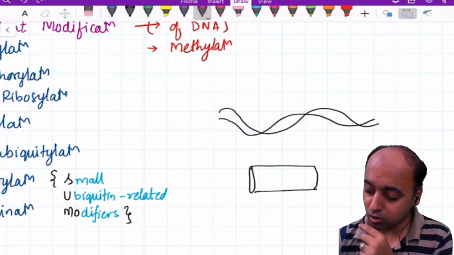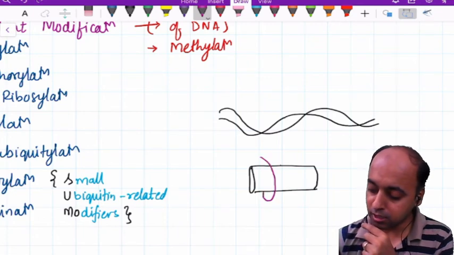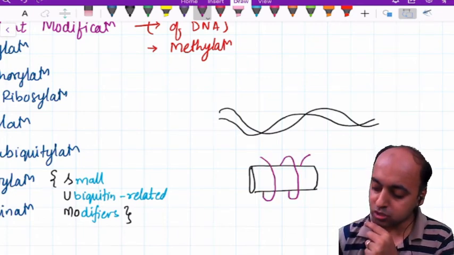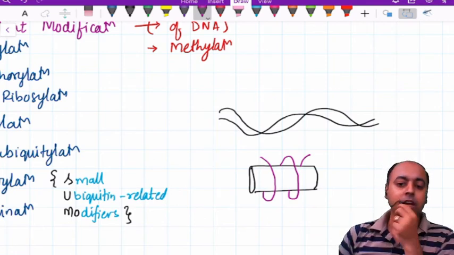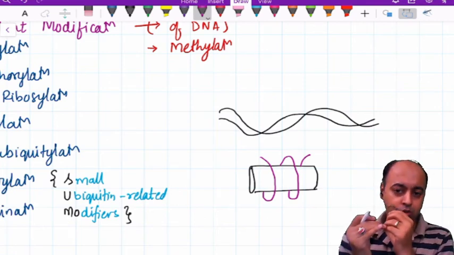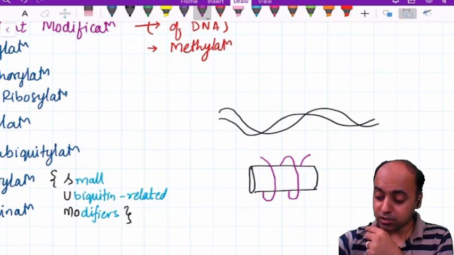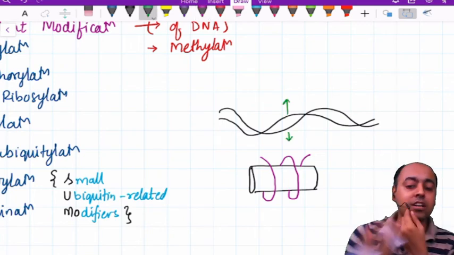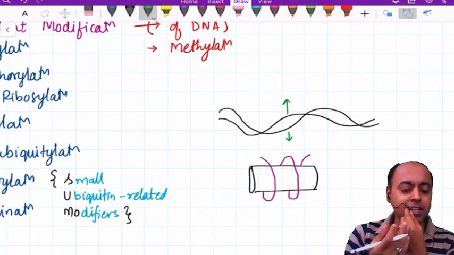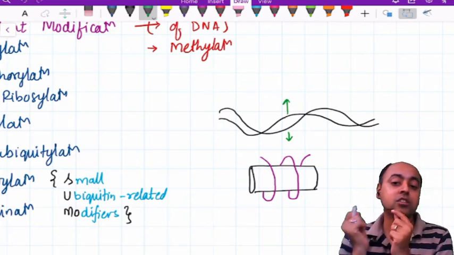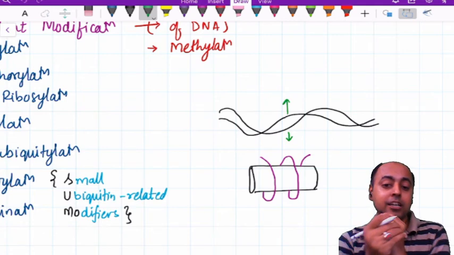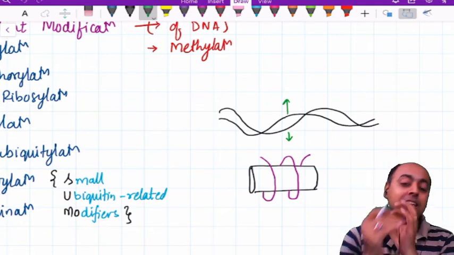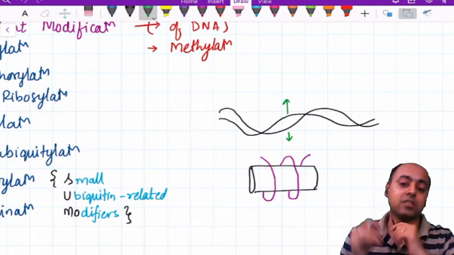Because of their opposite nature, they are very tightly attached to each other. As long as they are attached to the histone, you cannot separate. You have to first separate the strands of DNA. Only then can you carry out the transcription, replication. So first they have to be dissociated from histone. Only then the two strands can be separated.